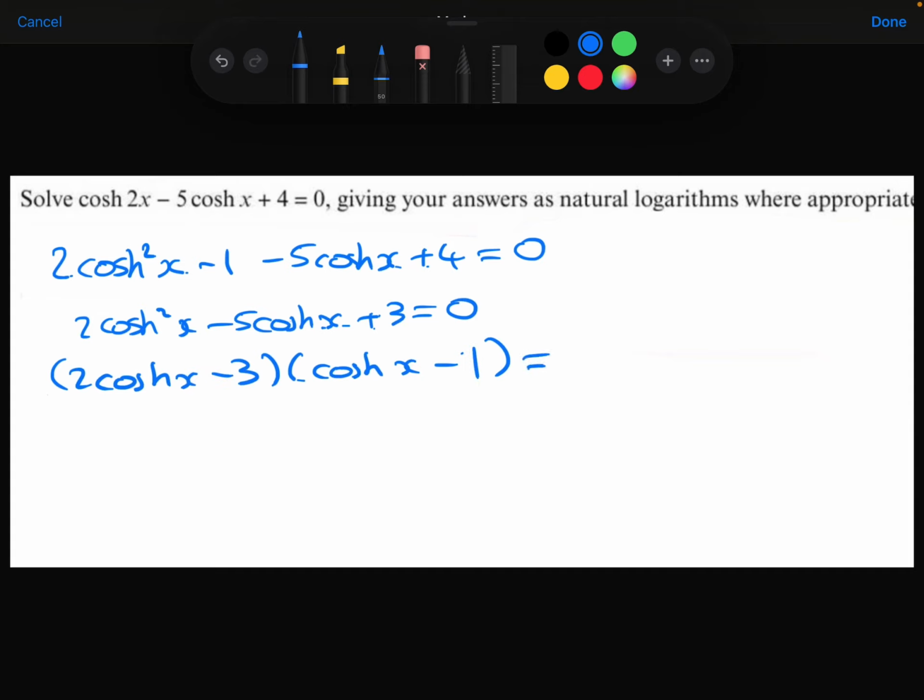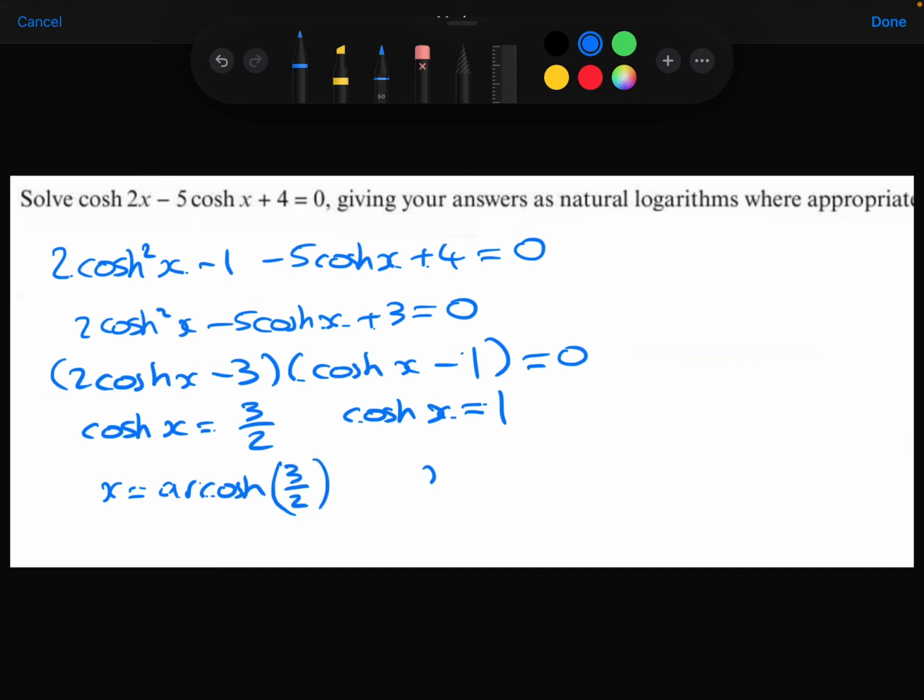Yep, that will work. So, either cosh x is 3/2 or cosh x equals 1. And again, let me rewrite it first. So x equals r cosh of 3/2 or x equals r cosh of 1.